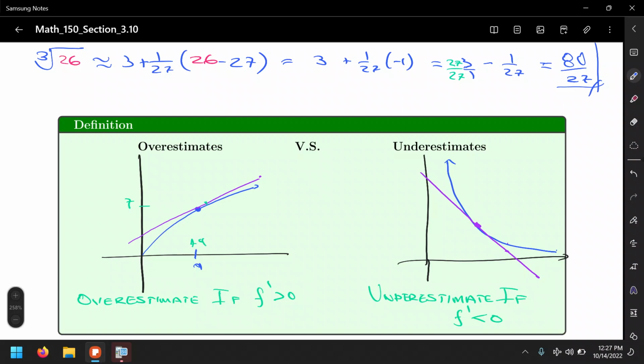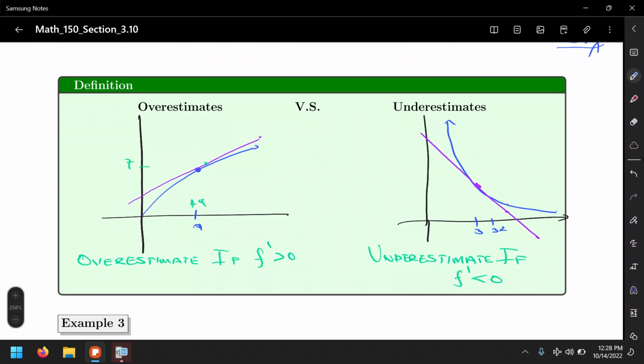So when we use this linear approximation to estimate values, for example, what if this is 3 and this is maybe 3.2, all right? If I use the linear approximation to estimate the value at 3.2, do you see how it's slightly below the actual value? So graphically, that tells us it's an underestimate. And we can always tell by the sign of the slope that we obtain as we progress getting this linear approximation. All right?